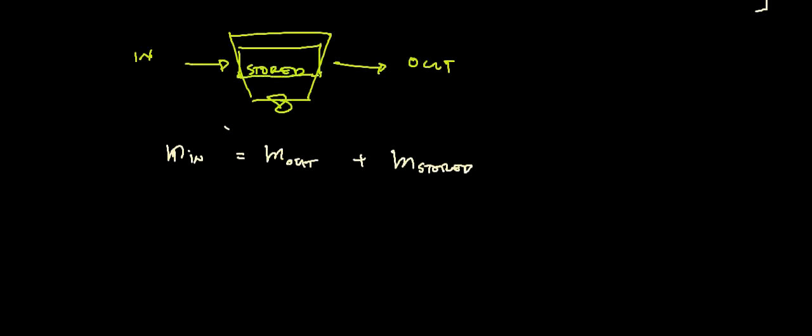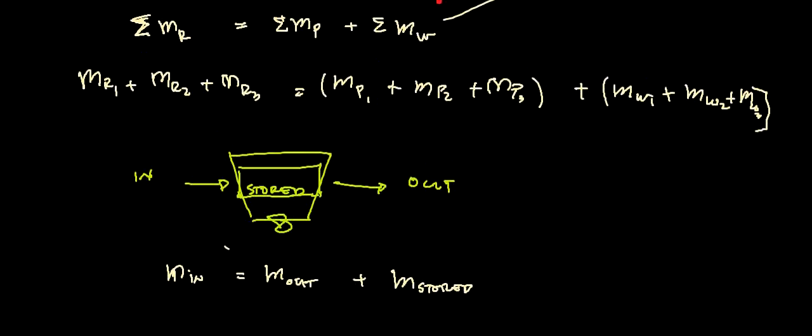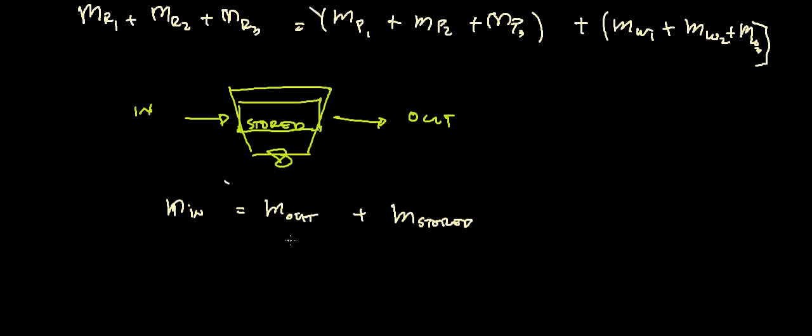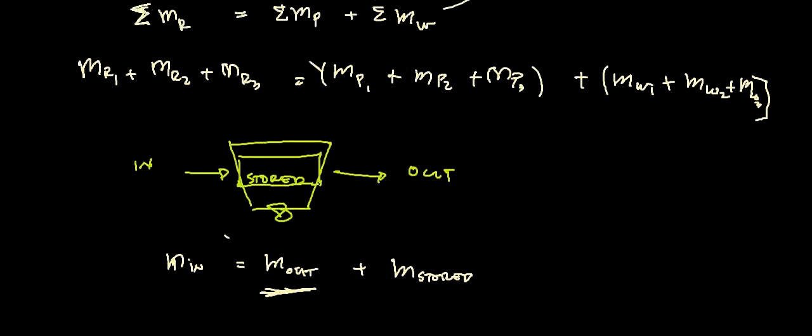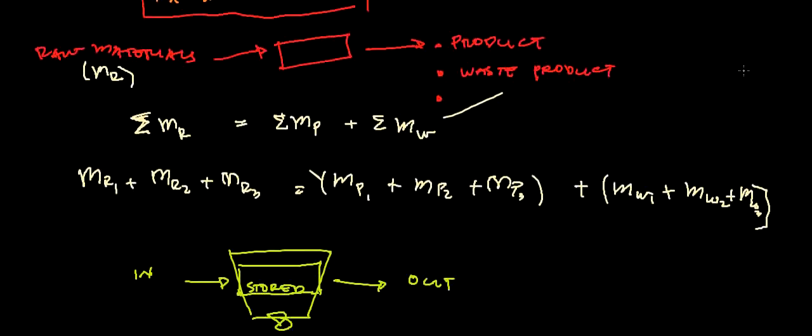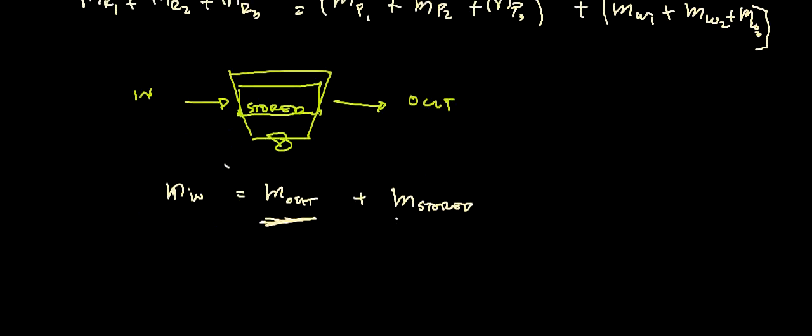Okay, so let's expand this. On the right hand side of our equation, we have our mass that is going out, which can be the product or the waste product, plus the material that is being stored in the system. There are cases where this will not be equal.